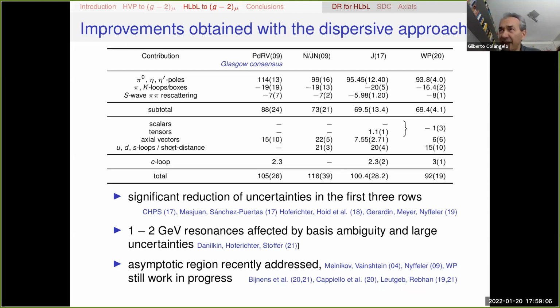For technical reasons, which I don't want to get into now for reasons of time, we could not apply the dispersive approach to its full scope for these, and so we have somewhat improved the estimate, but not nearly as effectively as for the first 3 entries. Moreover, in the total, we have added these generous uncertainties linearly, so that in the end, we obtain a 20% uncertainty, which makes it subdominant with respect to HVP, but with respect to the earlier estimate, it doesn't look as impressive.